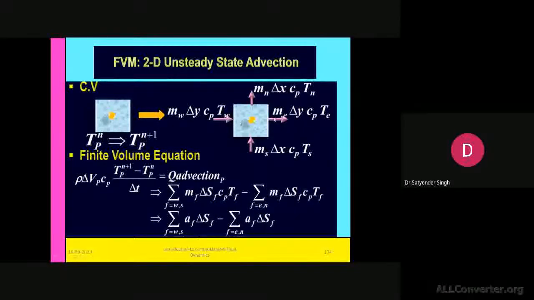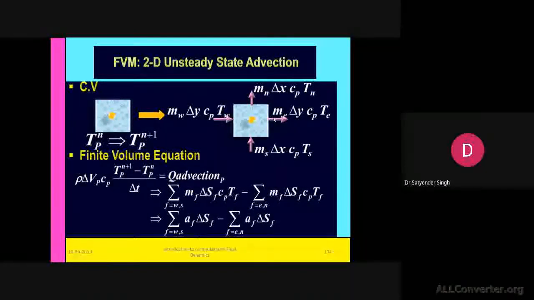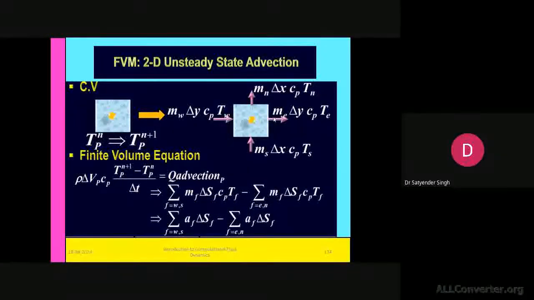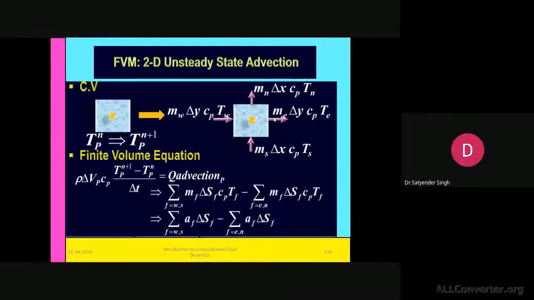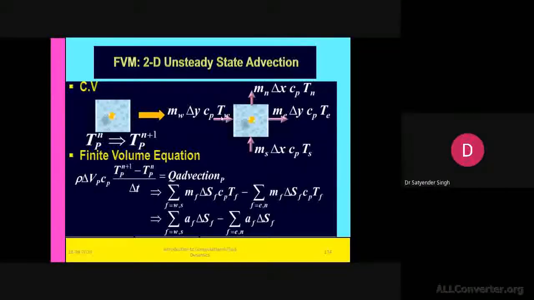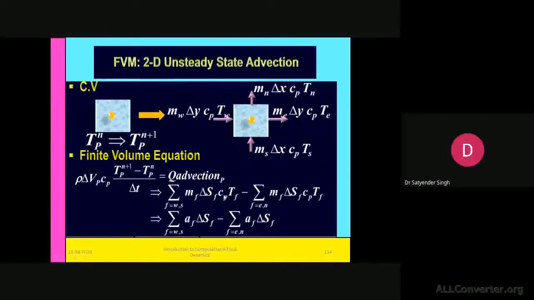So the difference will be the actual difference between the two control surfaces, represented here like m c p delta T in the form of enthalpy, for discrete points. By taking this in the y direction also, this form of the equation will be generated for the Q advection.